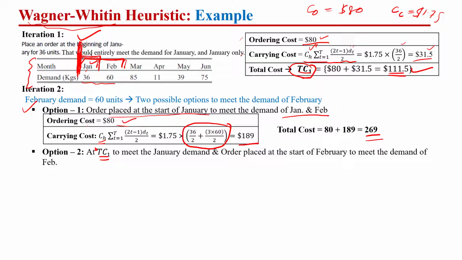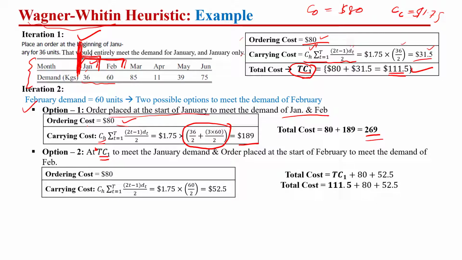Now, in option number two, first of all, we are calculating the cost in the month of February, because we have already calculated the total cost in the month of January, which is equal to this one. So in order to calculate the total cost in the month of February, there is the order cost, which is basically because we are placing the order at the start of February. Okay, and then we have the holding cost, then we have the average inventory of the month of February, which is this one.